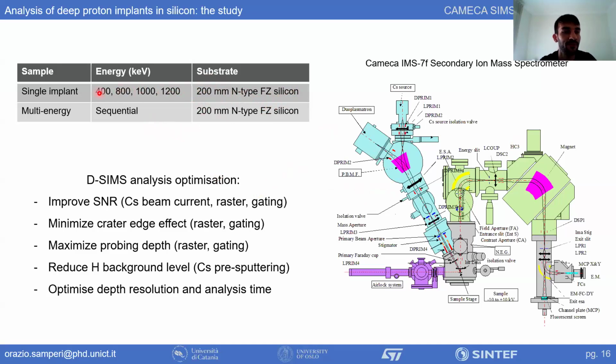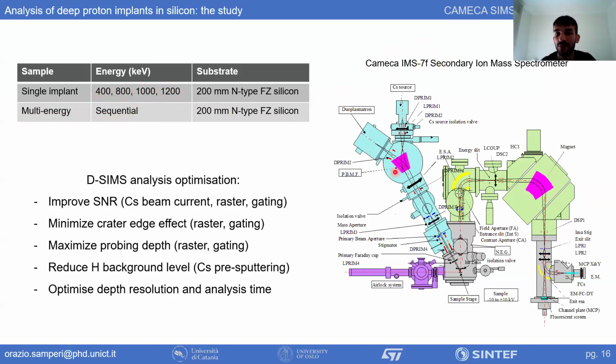These samples are implanted with single implants with 4 different energies, 400, 800, and so on. And one wafer is implanted in the multi-energy mode. There is a sequential implantation from the highest energy to the lowest, so you have 4 peaks implanted into the same material.